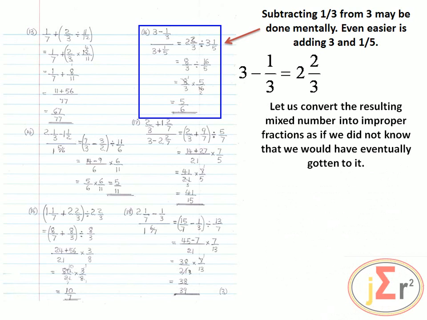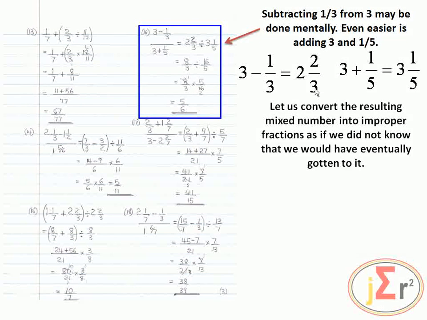So we have 3 minus 1/3 is 2 and 2/3, and we have 3 plus 1/5 is 3 and 1/5. As I said before, let us convert them as if we did not know that we would eventually have gotten to it. Because some of us were saying, okay, good, now that we are doing this, we don't have to go through all of that. But they say lightning does not strike twice in the same place.